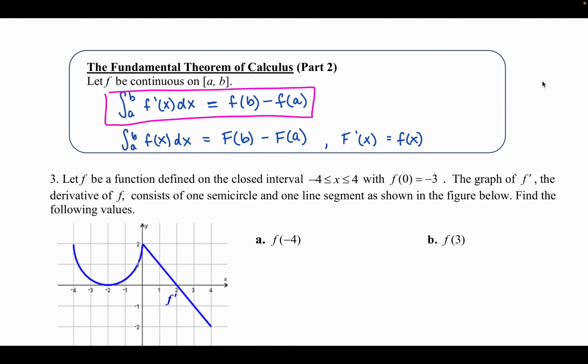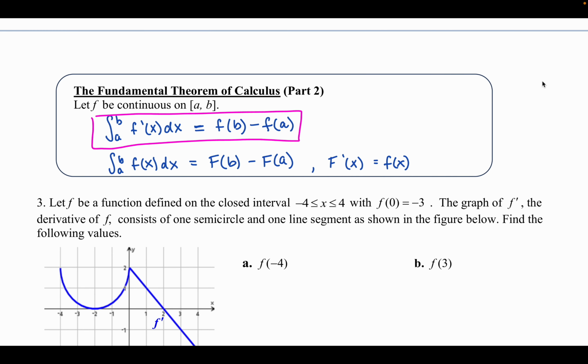And this makes sense to us for things that we've seen before already. For instance, if we integrate a velocity function from a to b, the area underneath the velocity graph is really just your change in position over that interval.